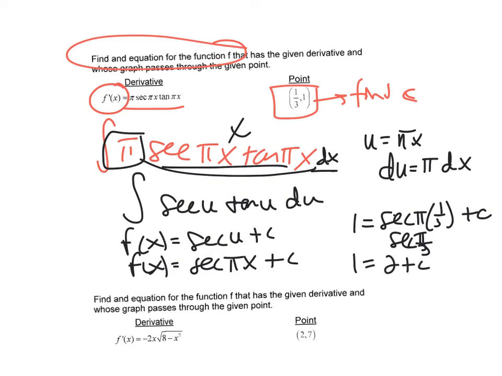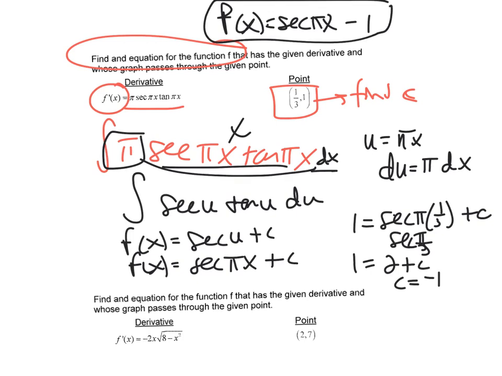Some of us are like, what? I don't remember that. So you end up with c equals -1, which means your final equation, I'll write it up on top, is going to be f of x equals secant of pi x minus 1. So now we know what c is, plugging that in.